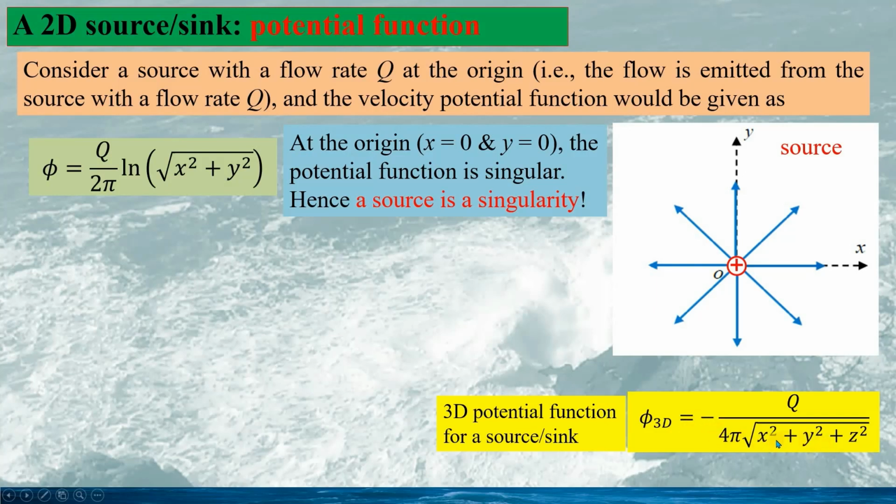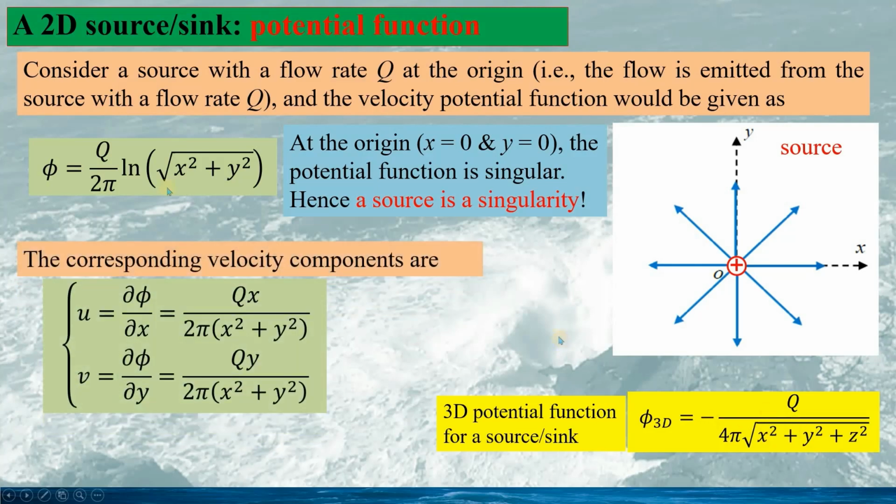At the origin of the coordinate, x, y, and z are all 0, so this would be singular. From the potential function, we can calculate the corresponding velocity components u and v, given as this and this.